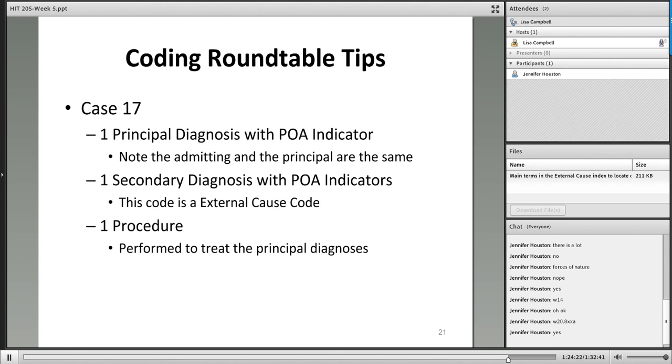We would query. Now remember, when we query, the coding process is halted. What do I mean by that? The coding process is halted. That case goes on to a report called the DNFB, which is the discharge but not final bill. Okay, one of two things is going to happen. Number one, the physician responds to the query.